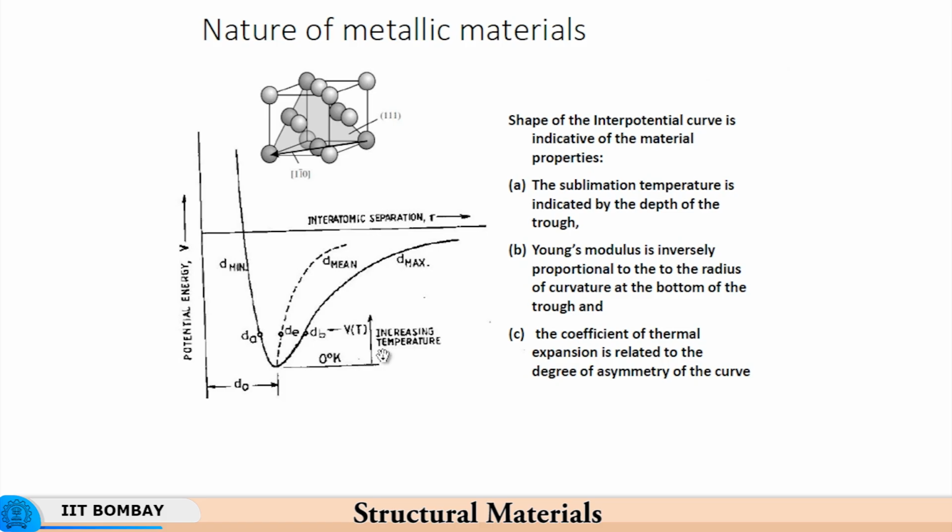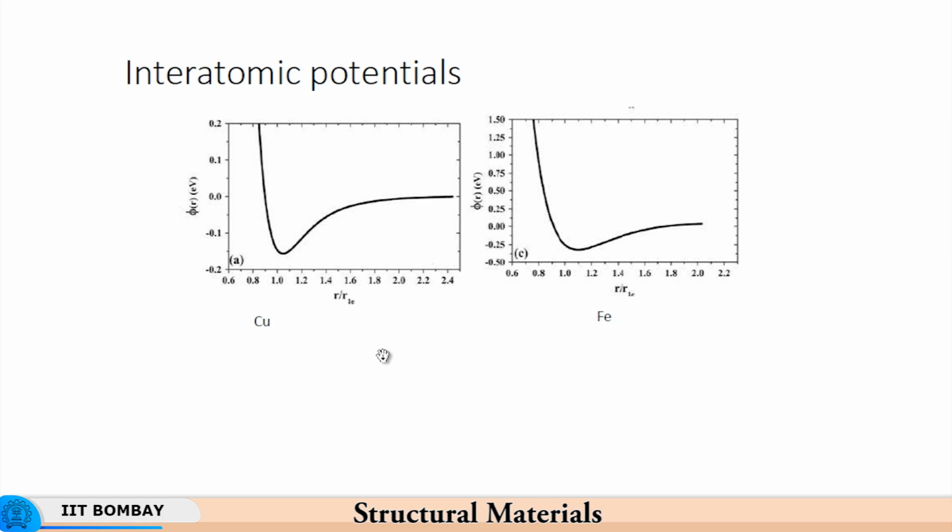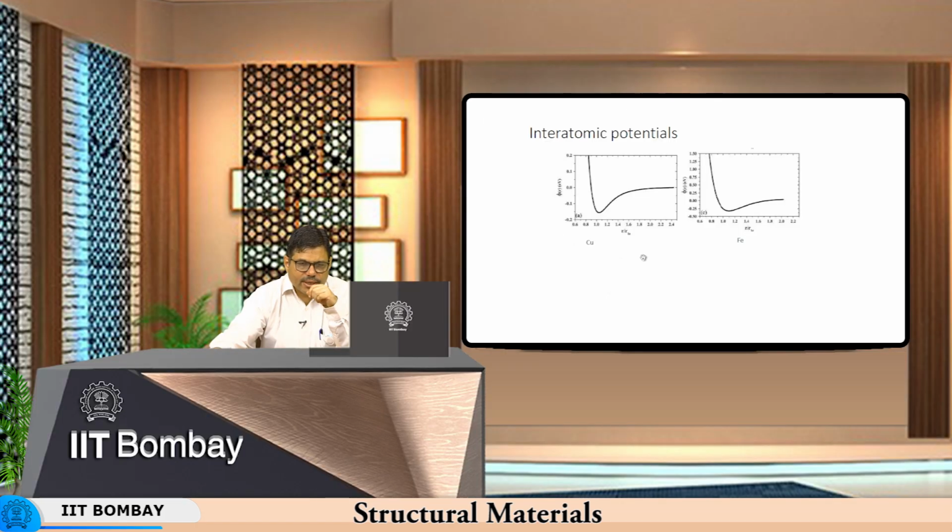We have seen this interatomic potential curve where you can infer the mechanical properties of the material, and you see that between copper and iron, for example, the height of the interatomic potential well is much greater for iron as compared to copper, and therefore copper melts at about 1082 degrees centigrade, whereas iron melts at 1560 or something like that. So the well being deeper in case of iron, the melting point is higher than that of copper.